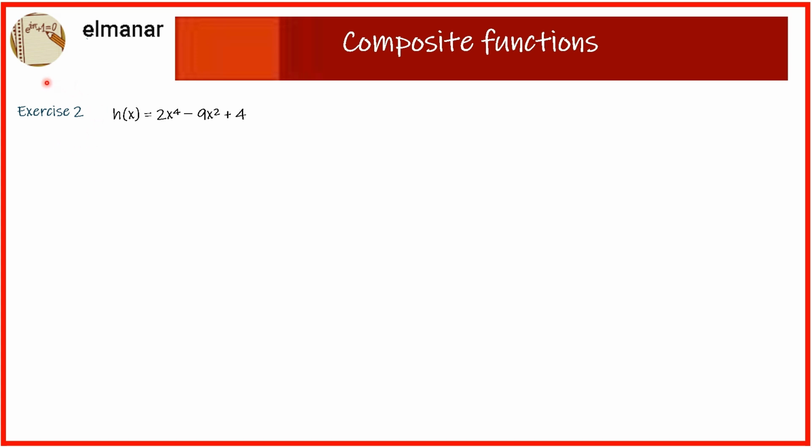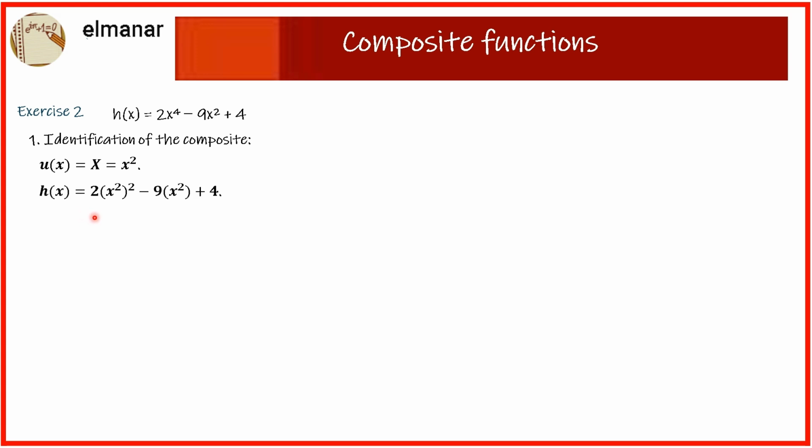Solution of Exercise 2. Identification of the composite function. We define the function u such that u of x is equal to the square of x, equal to capital X. Then, the function h of x is equal to 2 multiplied by the square of u of x minus 9 multiplied by u of x plus 4.